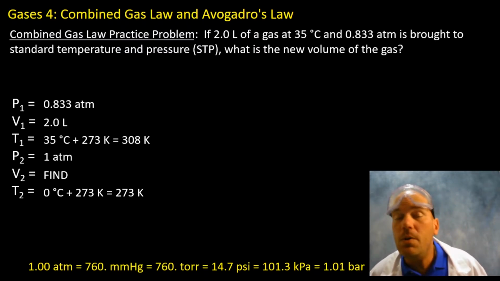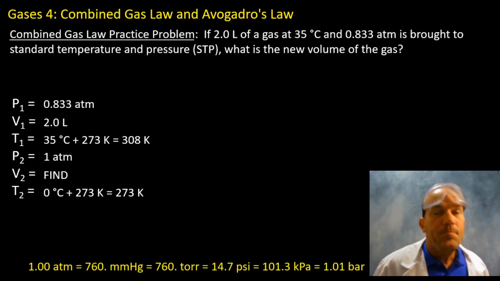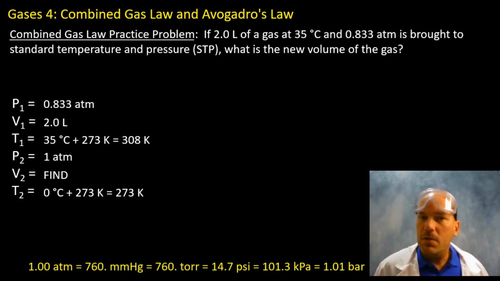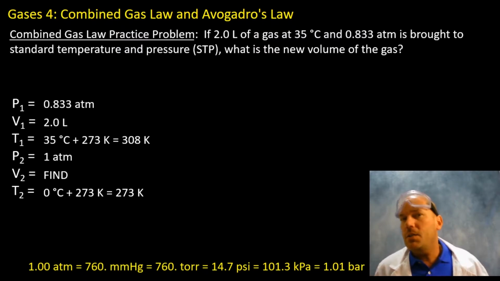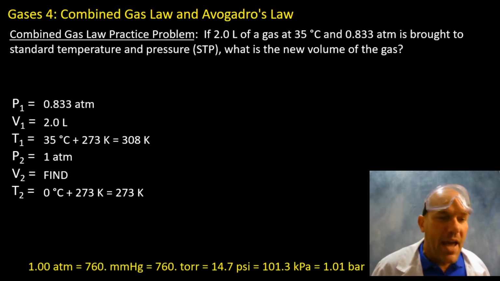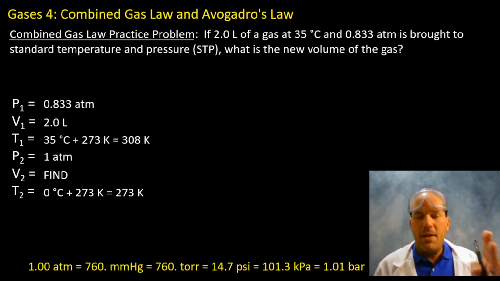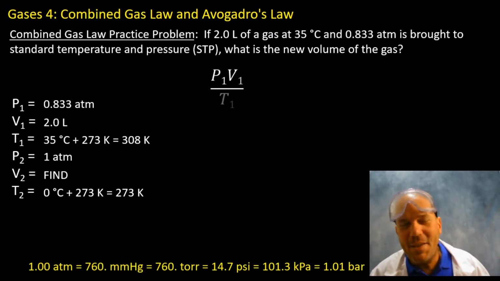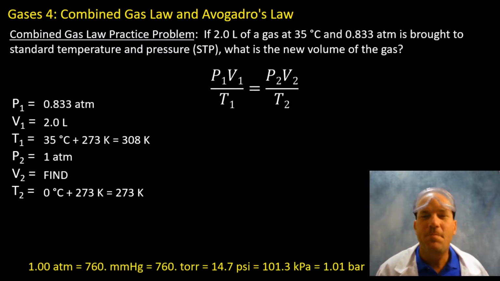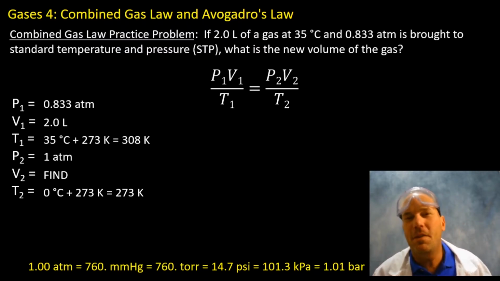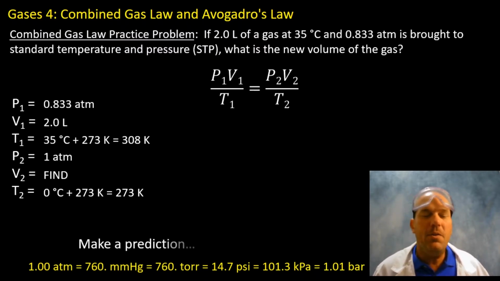And as you all know, at STP, our temperature is 0 degrees Celsius, and our standard pressure is 1 atmosphere. So by looking at these variables and utilizing the combined gas law equation, we're able to solve for the new volume. So let's go ahead and make a prediction here.